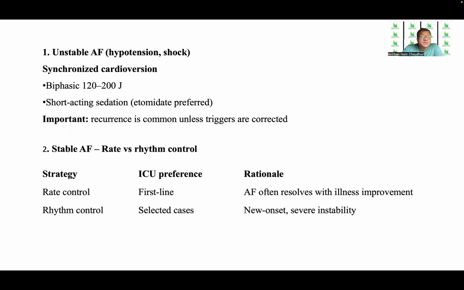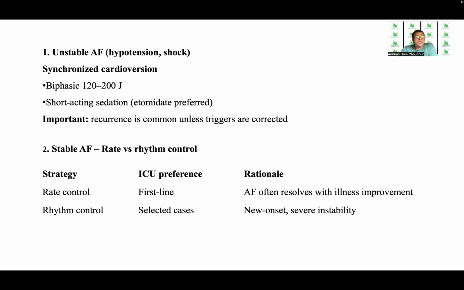In patients with unstable AF, that is those with hypotension and shock, we should consider synchronized cardioversion, which is always biphasic now, along with short-acting sedation, where some people prefer etomidate nowadays. Others can be used too. But the important point is that recurrence is common unless the triggers are corrected. In case of stable AF, we have to consider rate versus rhythm control.